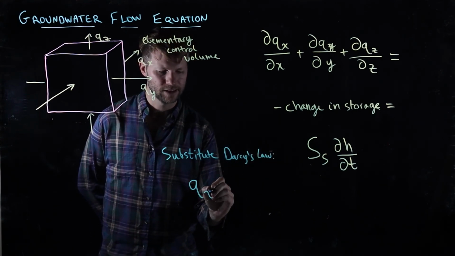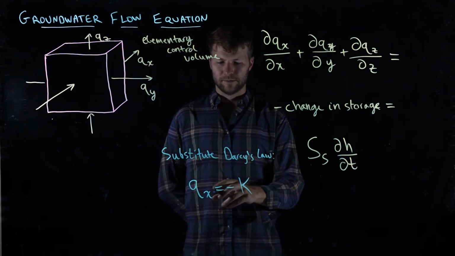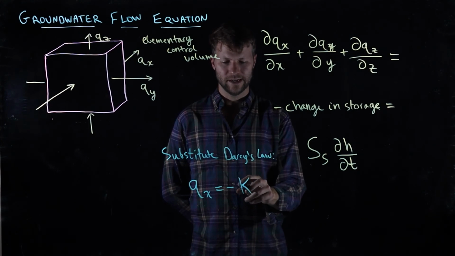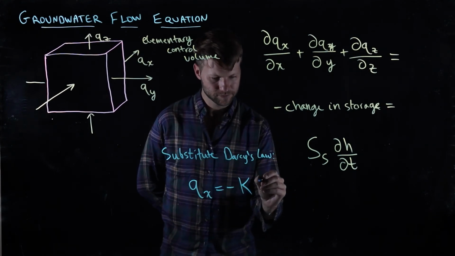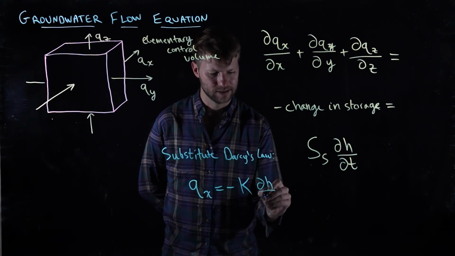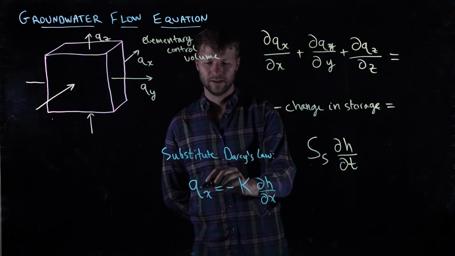And for example, in the X direction, we know that the specific discharge Q sub X is going to be equal to the negative hydraulic conductivity times the spatial gradient in hydraulic head in the direction that the flow is occurring in.